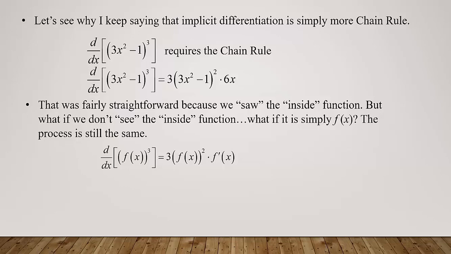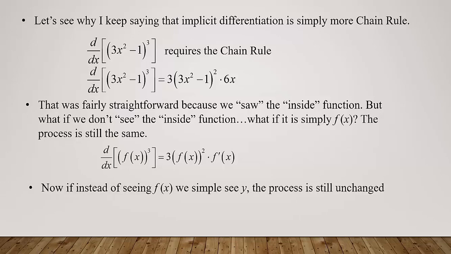So let's go one more step. Now what if instead of seeing f of x, we just simply see y? Remember, y is the same thing as f of x. So what if y were in place of f of x? No, the process doesn't change. We can still d dx y cubed.